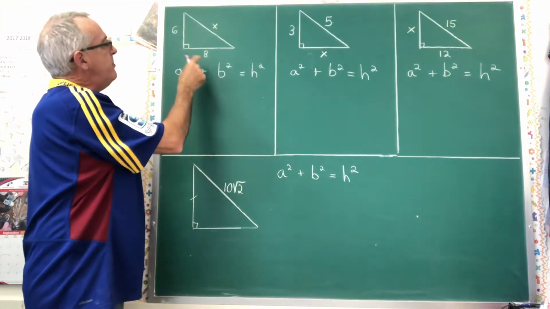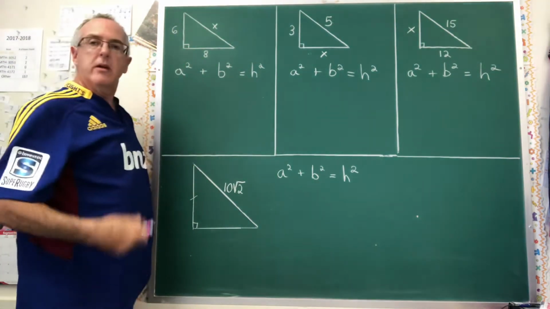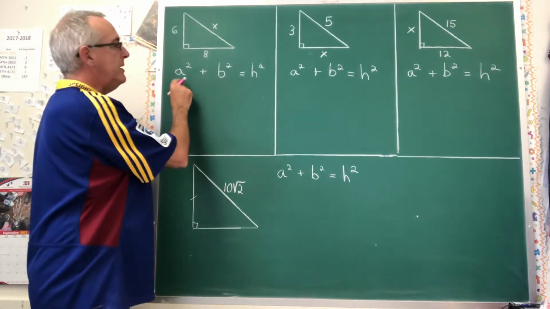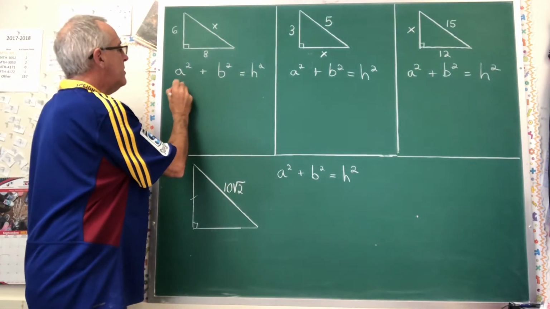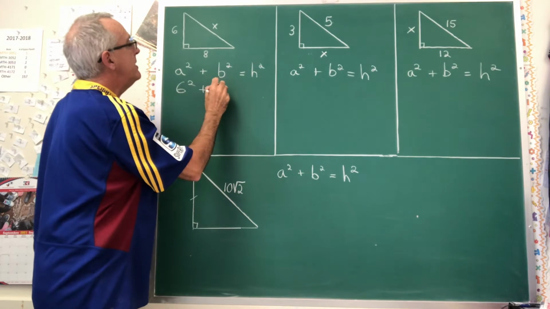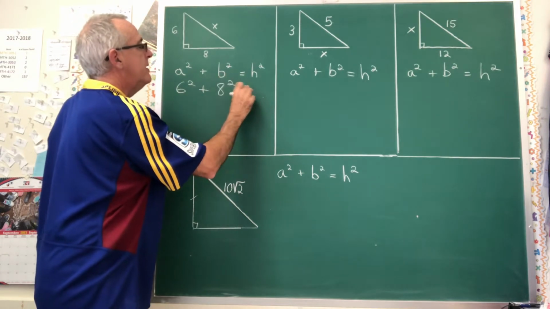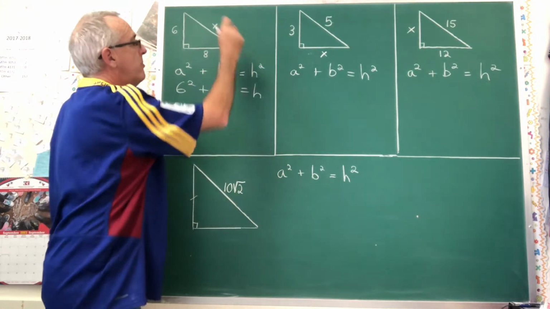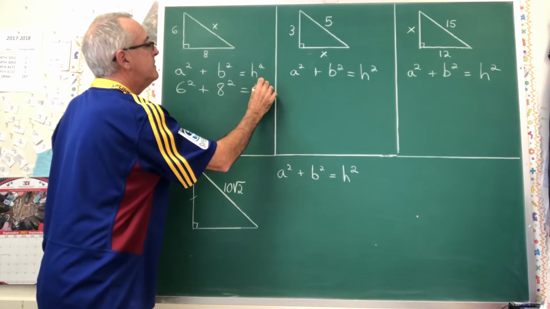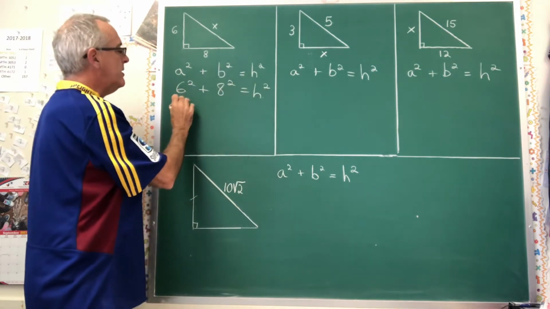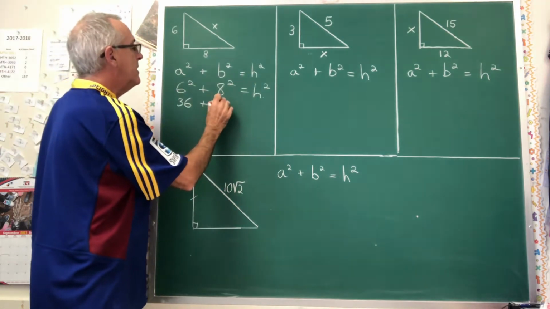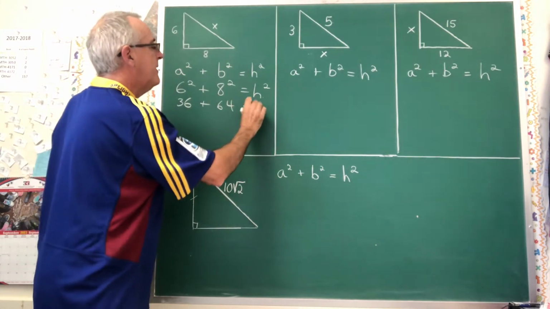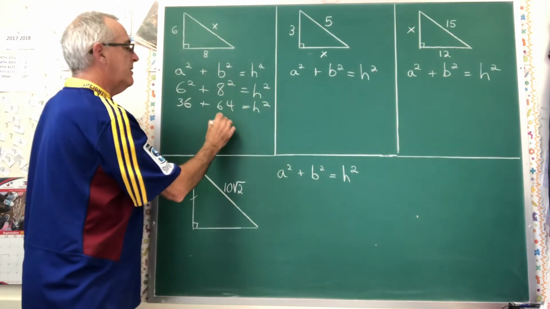So in this example, we know A and B, we know that they are 6 and 8, and we can replace in the formula a squared with 6 squared, b squared is replaced with 8 squared. Now we can find our hypotenuse, which is the x. 6 squared is 36, 8 squared is 64, and 36 plus 64 is 100.